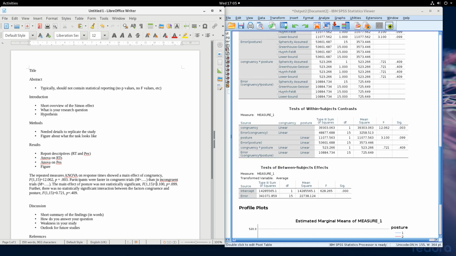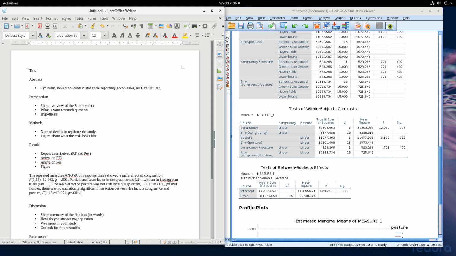Imagine this effect would, for whatever reason, have been, say, 10.7, and imagine it would have been significant. I choose a value here; it doesn't really matter.